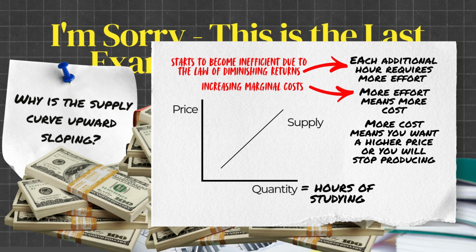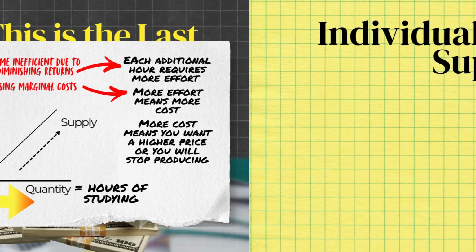At first, it's easy, but eventually you hit the point of diminishing marginal returns. So, in order to incentivize the business to produce more, the price needs to increase. Just like in order to incentivize you to study more, I had to increase the amount of money I gave to you. And that's why we have an upward sloping supply curve.